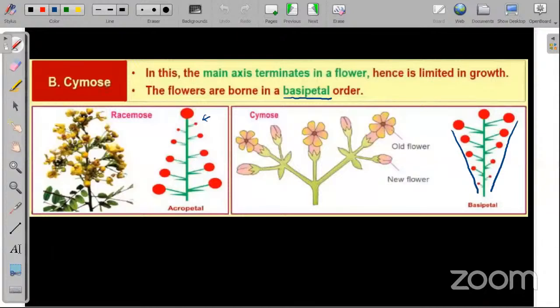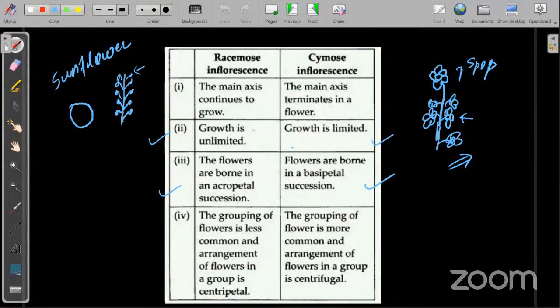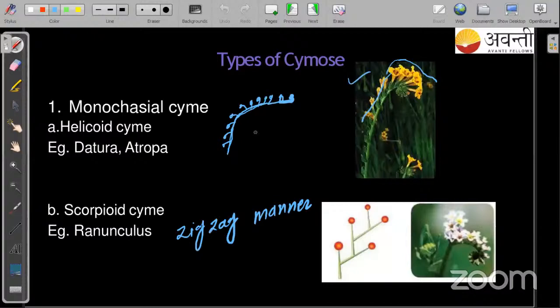So in case of cymose, what is the main difference? Racemose is acropetal and cymose is basipetal. Next we discuss the difference between cymose and racemose. Next we discuss different types of cymose.